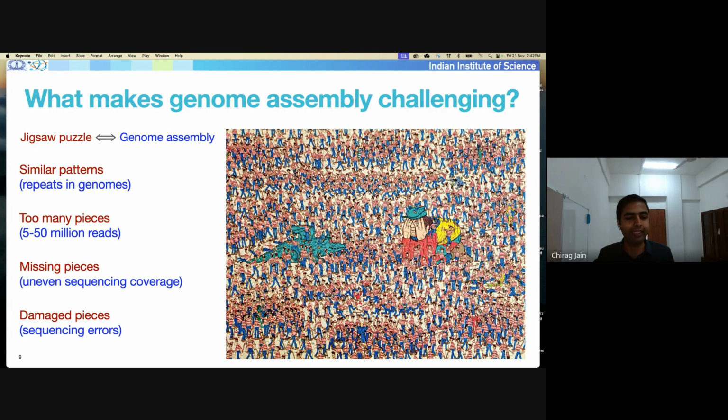And therefore, you can think of it as if the pieces are also damaged. So you're solving this challenging jigsaw puzzle with many repetitive patterns, too many pieces, damaged pieces, and so on. And this is the analogy of why the genome assembly problem has been challenging and one of the fundamental problems in computational biology.